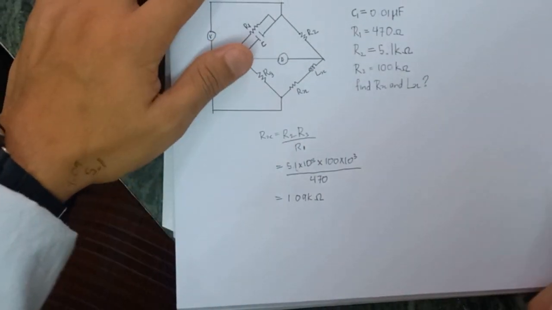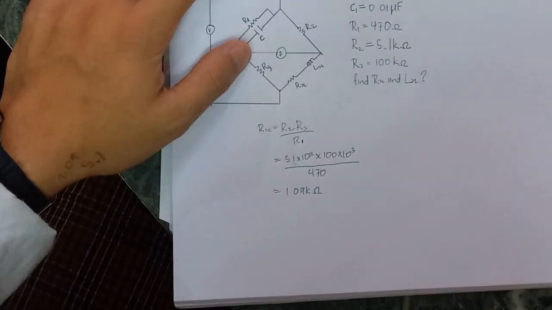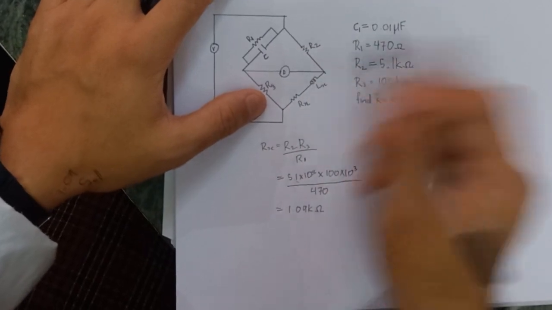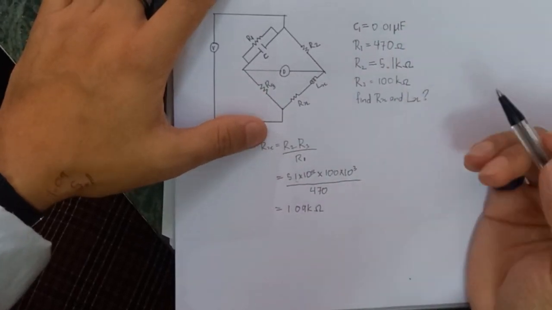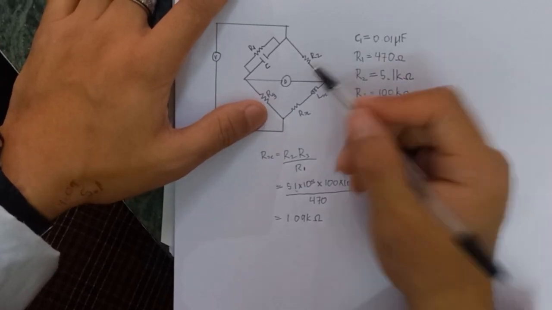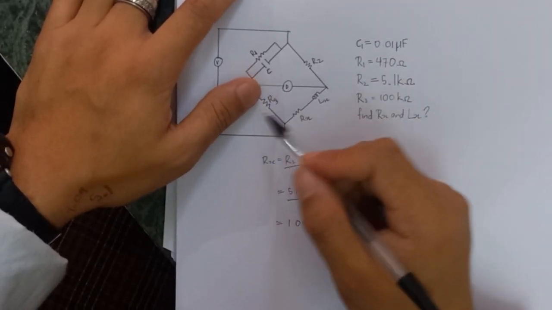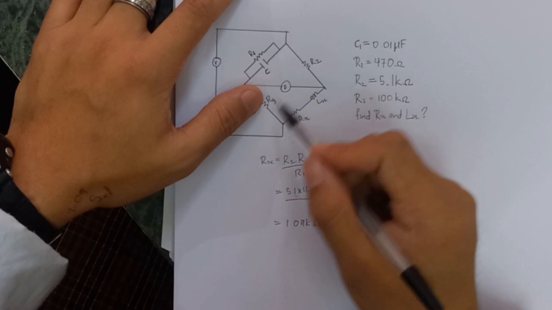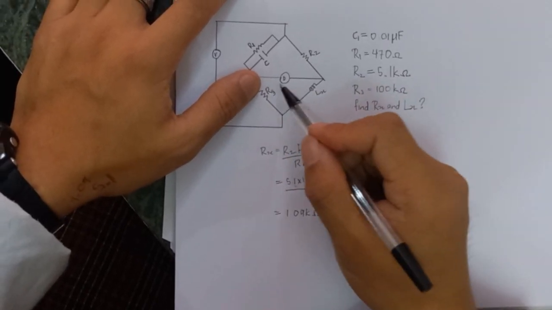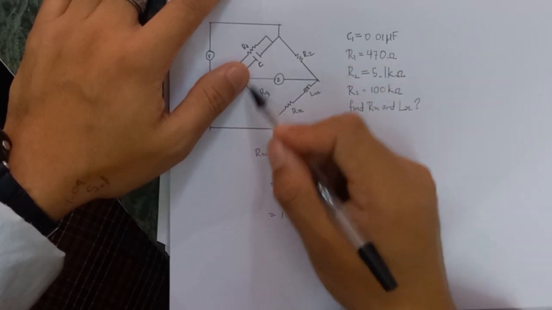In order to find the value of the unknown inductor, it's in a different position. A helpful tip is that we again multiply the two adjacent resistors located next to the inductor, so we multiply R2 and R3.